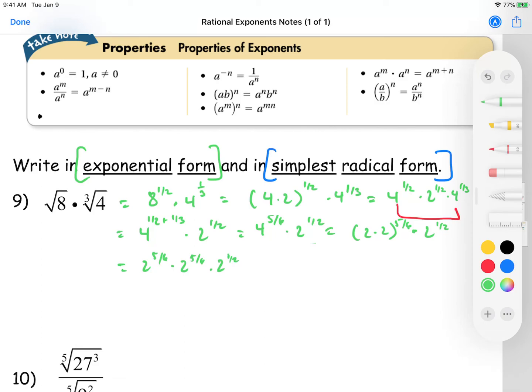And converting it back into like denominators, this is the same thing as 2 to the 5/6 times 2 to the 5/6 times 2 to the 3/6, sorry.